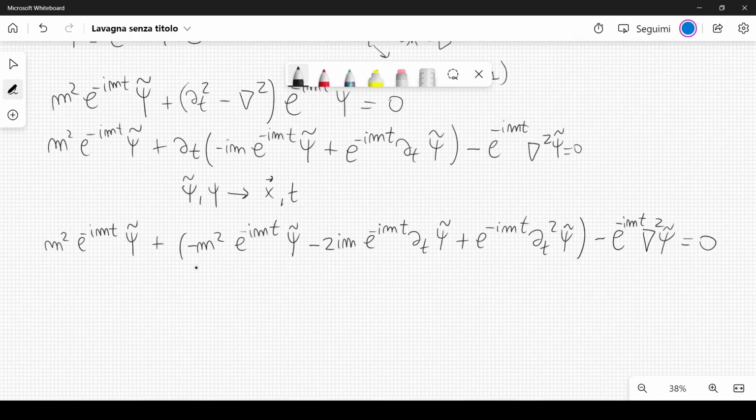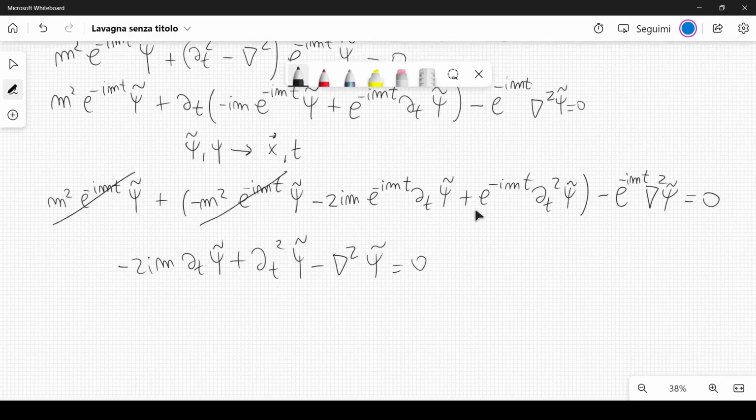Now you can see that this term will simplify with this, and finally we are left with minus 2im dt psi tilde plus dt squared psi tilde minus del squared psi tilde equal to 0.